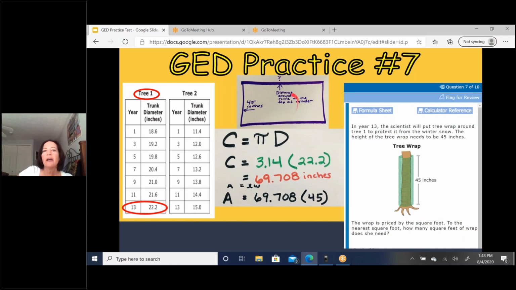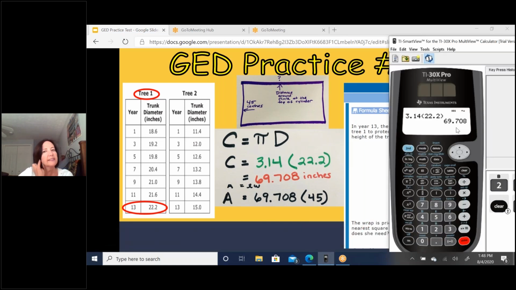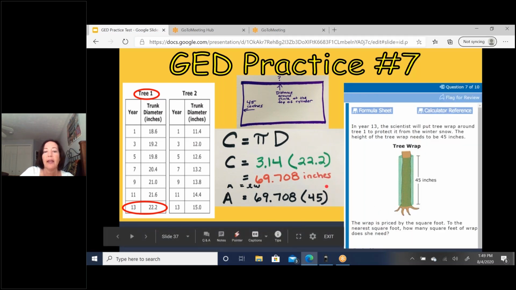But to find the area of this rectangle, because we have to know the area in order to purchase it, we're going to have to use our formula, area equals length times width, 45 times 69.708. I already have 69.708 in my calculator. I'm just going to click multiply by 45, and that is going to equal 3,136.86. And I'm going to tell you that's a correct answer.